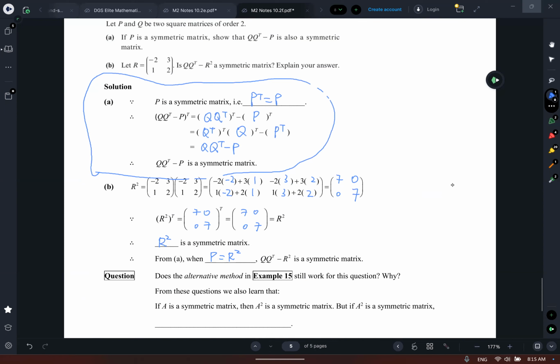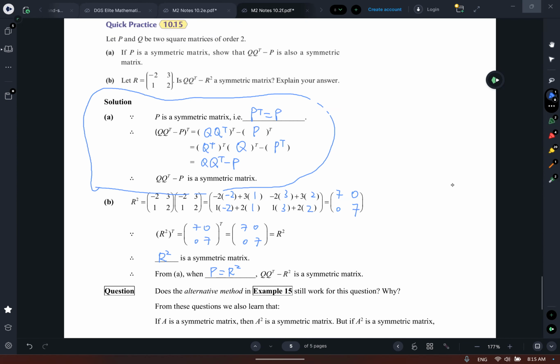No, because R is not symmetric. Correct. This is quite funny. You see that R itself is not symmetric, but R squared is symmetric.